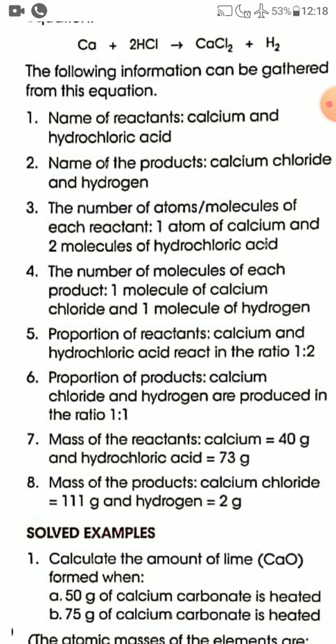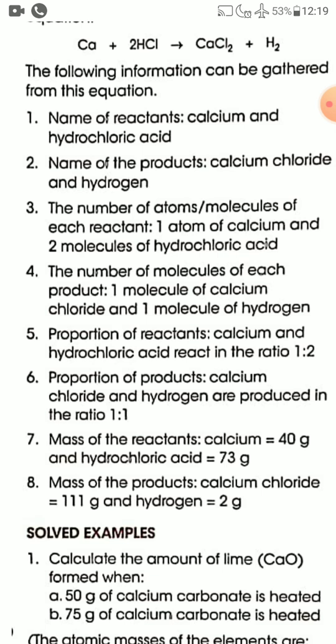Next point, the number of molecules of each product. You can get information about the number of molecules of each product. In this case, one molecule of calcium chloride and one molecule of hydrogen gas are formed.